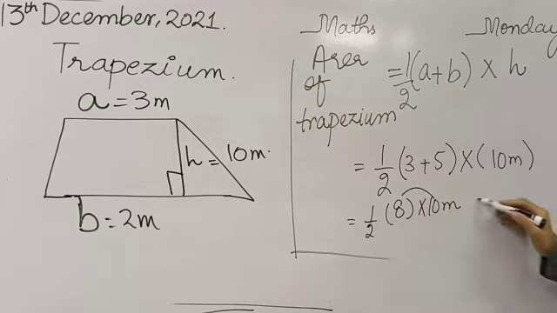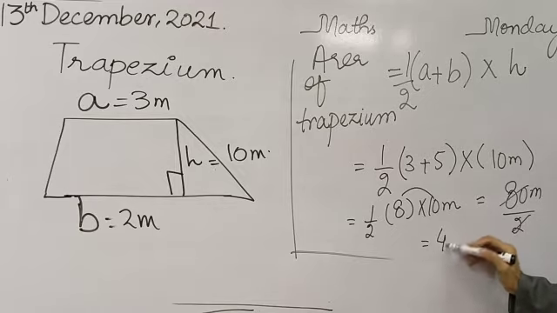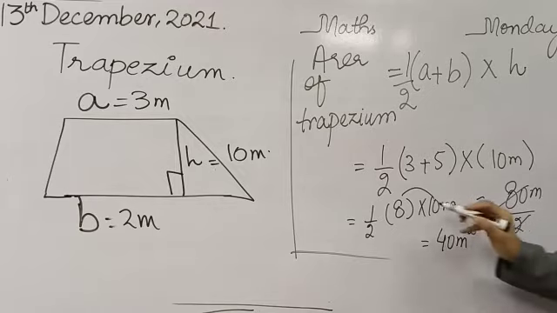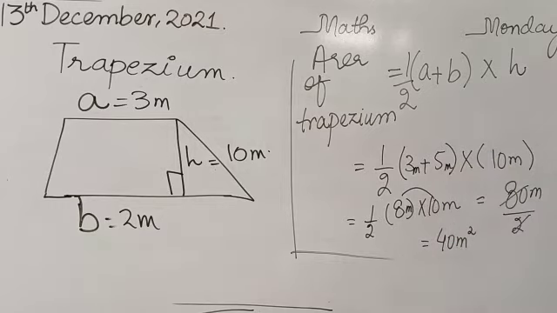Multiply 8 and 10, 80 meter over 2. Simplify them and we'll get 40 meters square. This is the formula and this is how we'll find the area of a trapezium. Is it clear, students?